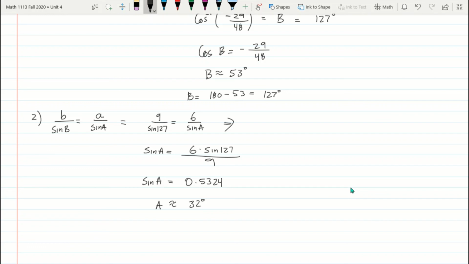And so the last step is to figure out C. It is 180 minus 127 minus 32 degrees, and it comes out to be 21 degrees.